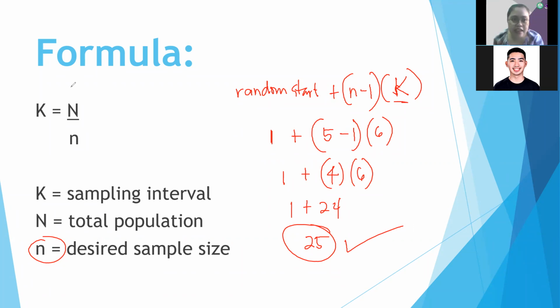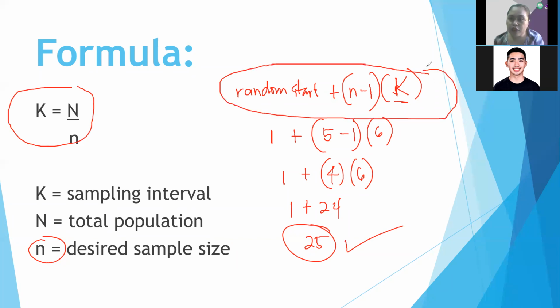I hope that's clear. This formula is used to compute the sampling interval, while this formula is used to check whether the systematic sampling was done correctly, whether the last person selected is correct.